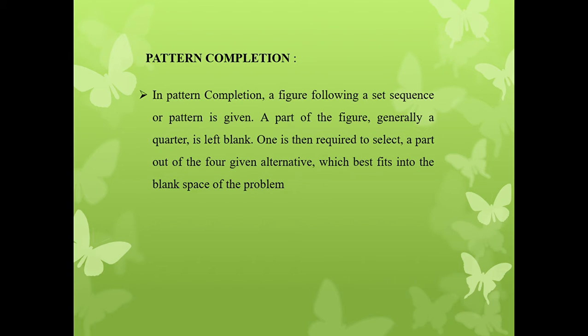In pattern completion, a figure following a set sequence or pattern is given. A part of the figure, generally a quarter, is left blank. One is then required to select a part out of the 4 given alternatives which best fits into the blank space of the problem. Let us start the problems on sequences.